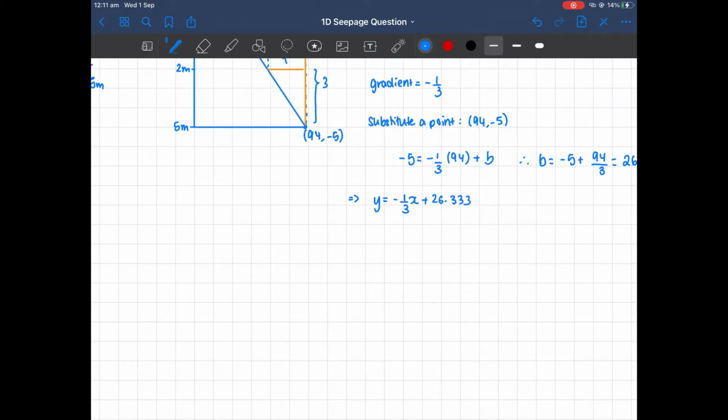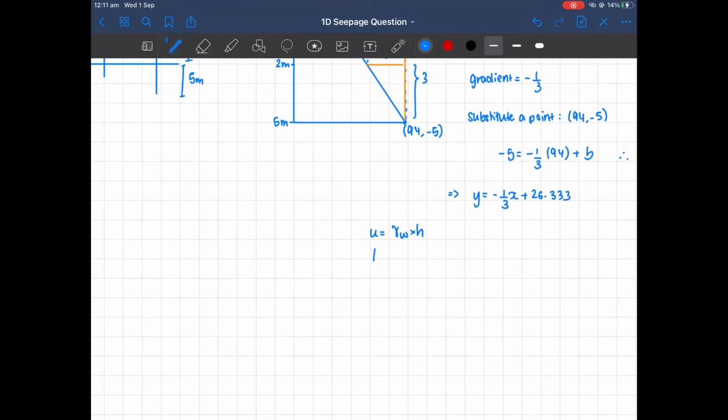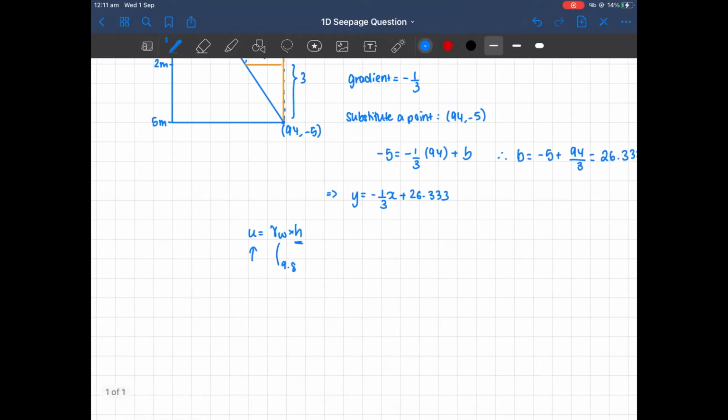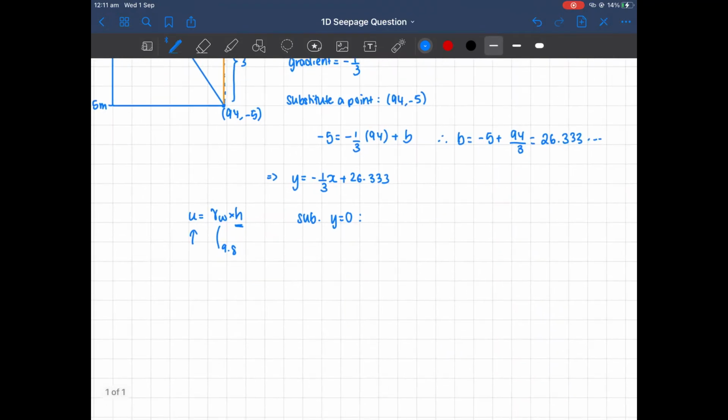Now, what we want to know is the pore water pressure at 0 meters. Why? Because this would allow us to use the relationship U equals gamma W times H. So if we know U, then we can figure out H, since we know that gamma W is 9.8. To find the pore water pressure at 0 meters, we just have to substitute y equals 0. So we get 0 equals negative a third x plus 26.33.